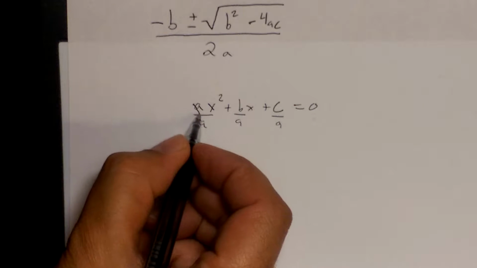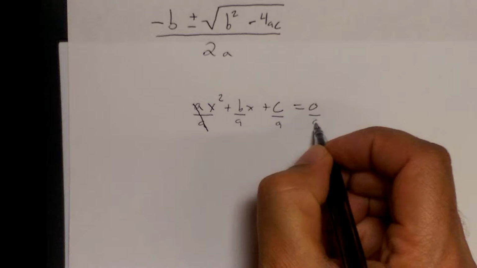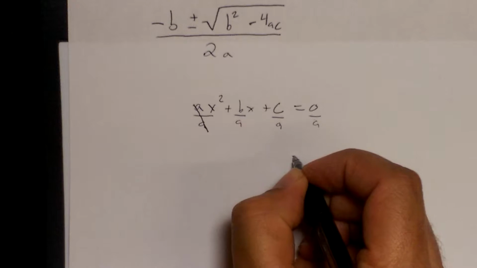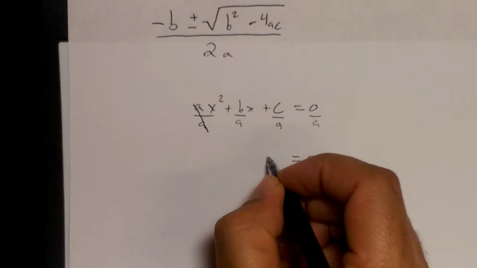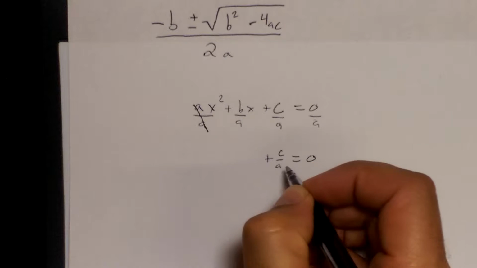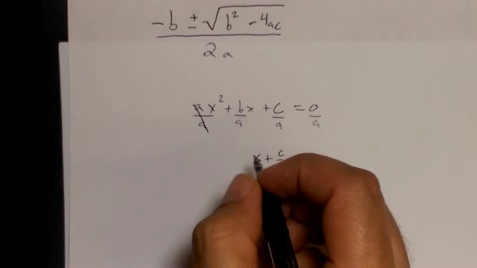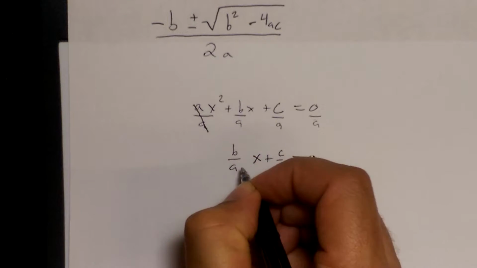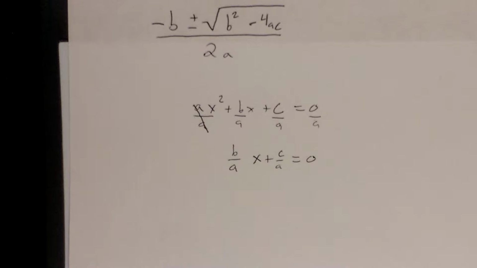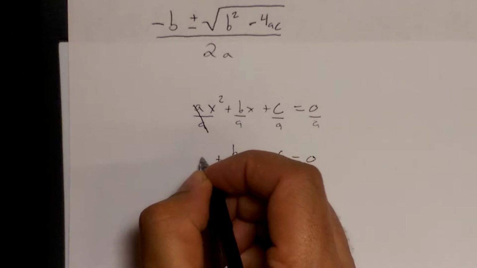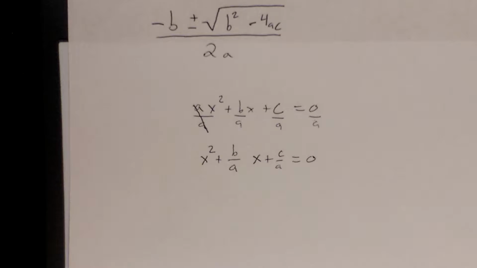So our a's here cancel, and 0 divided by a is still just 0. So we're going to rewrite, and we have x squared plus b divided by a times x plus c divided by a equals 0.